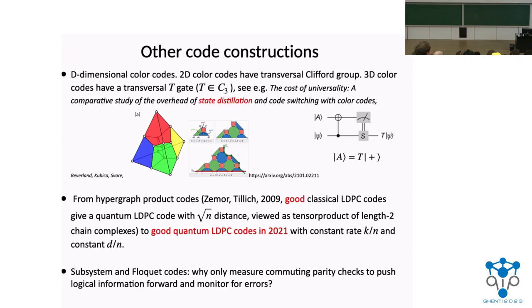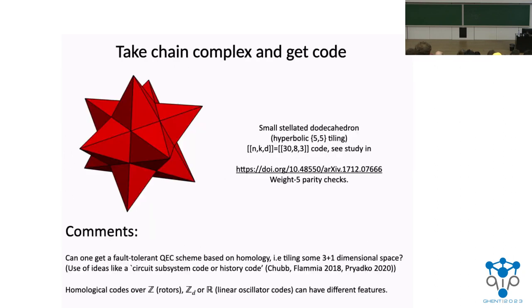A question about etymology. What's the history code and why is it called the history code? Okay, so this relates to a very different area of quantum information processing where they use the history state. At least this is what I think is the case. You have a circuit.